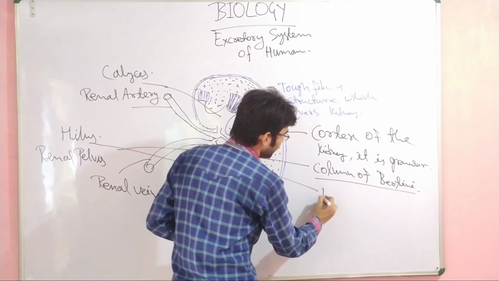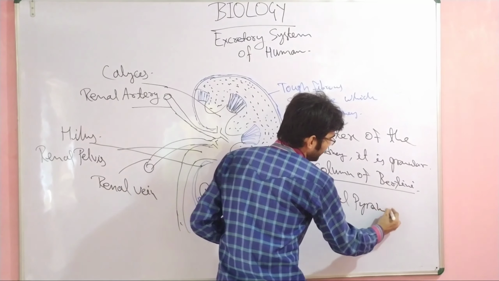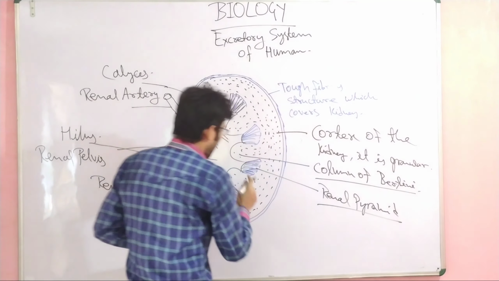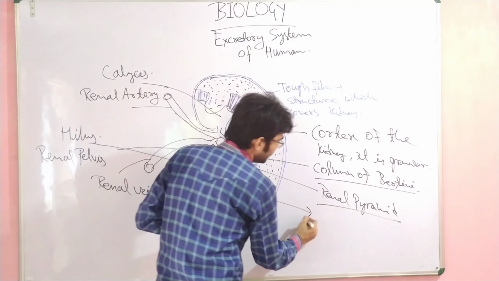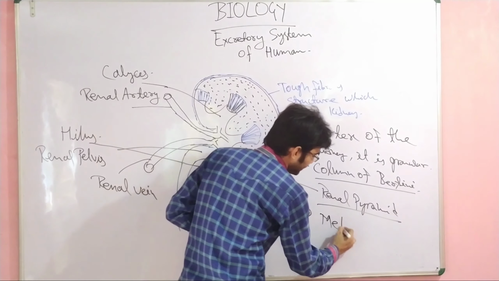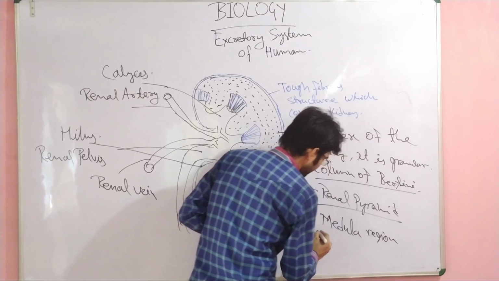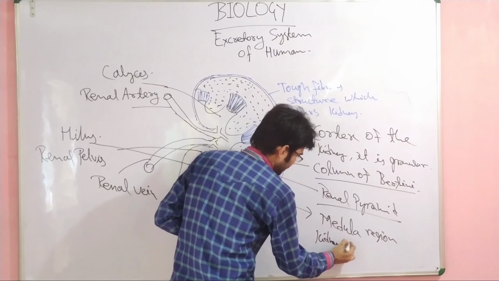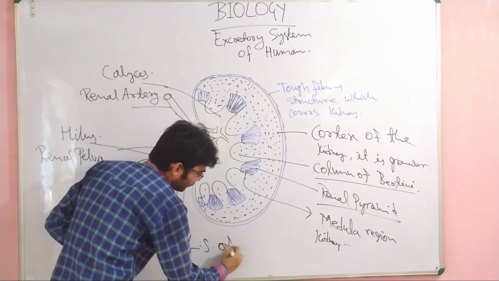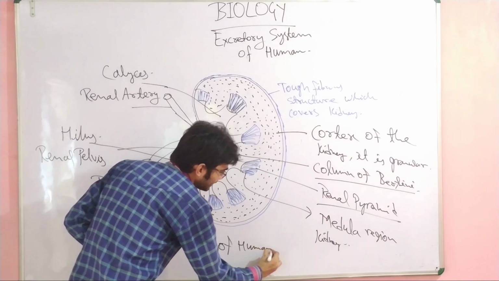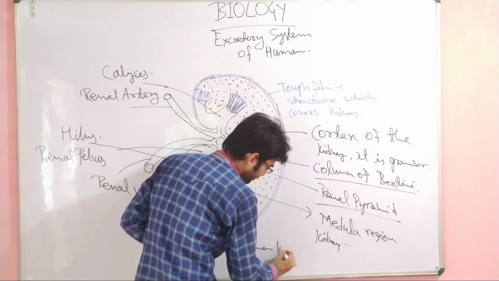This structure is a renal pyramid, and this region is called the medulla region of the kidney. This is the LS of the human kidney. LS means longitudinal section of the human kidney.